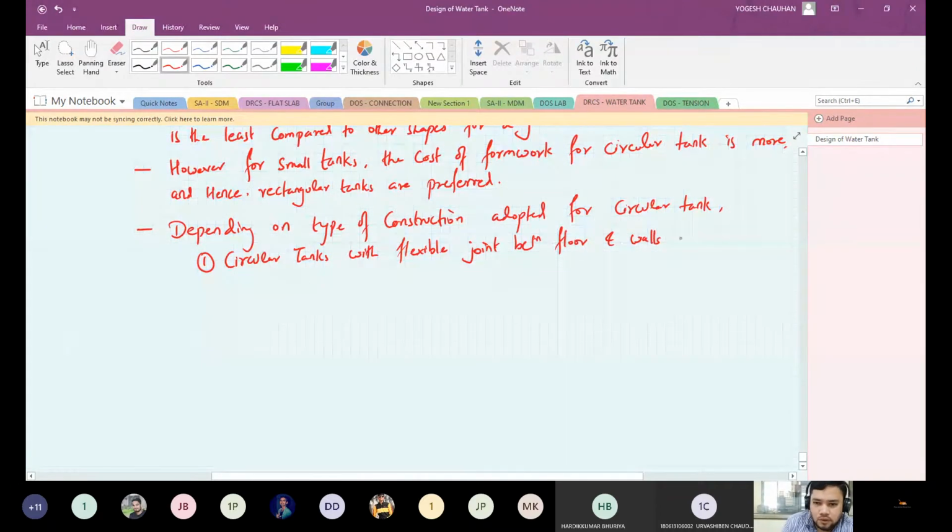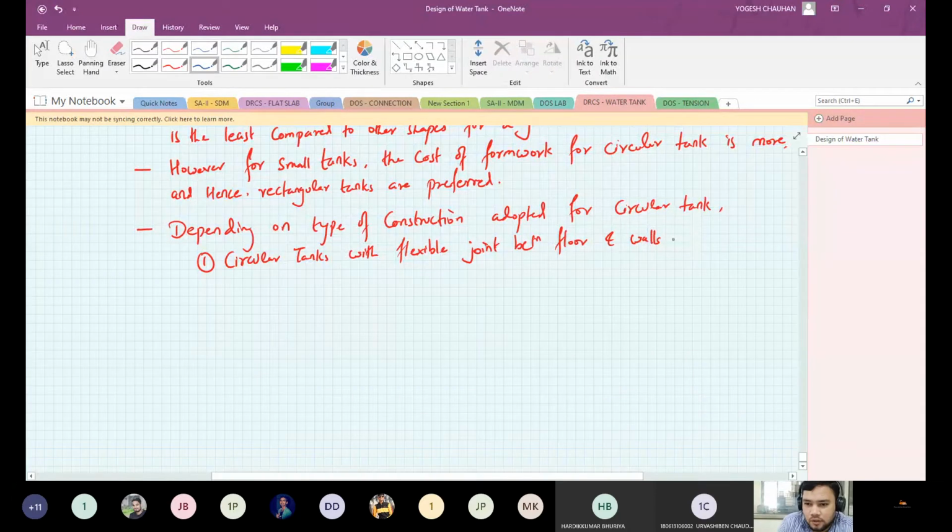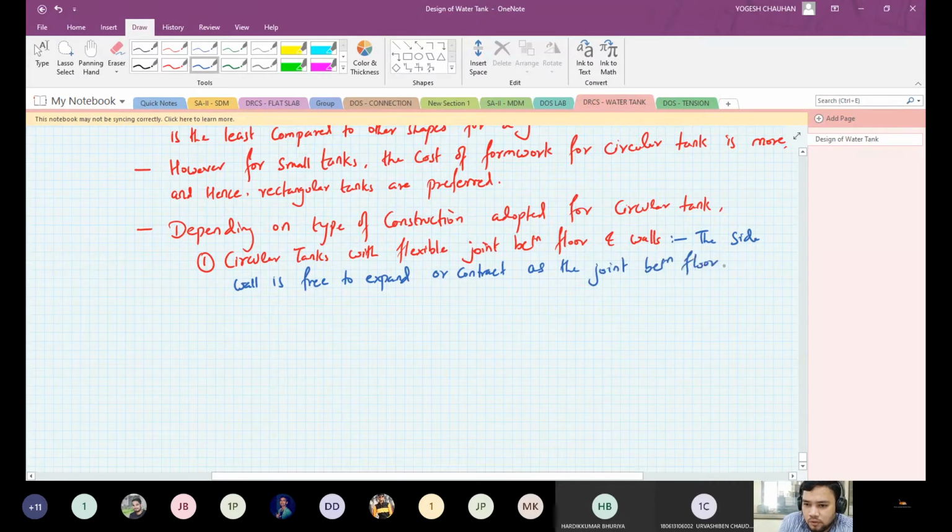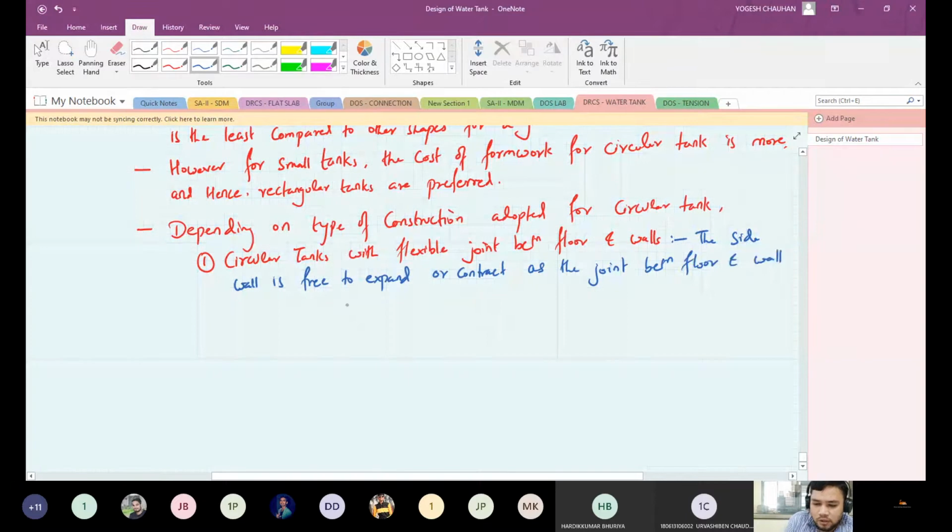So in this type, the side wall is free to expand or contract as the joint between floor and wall is flexible.